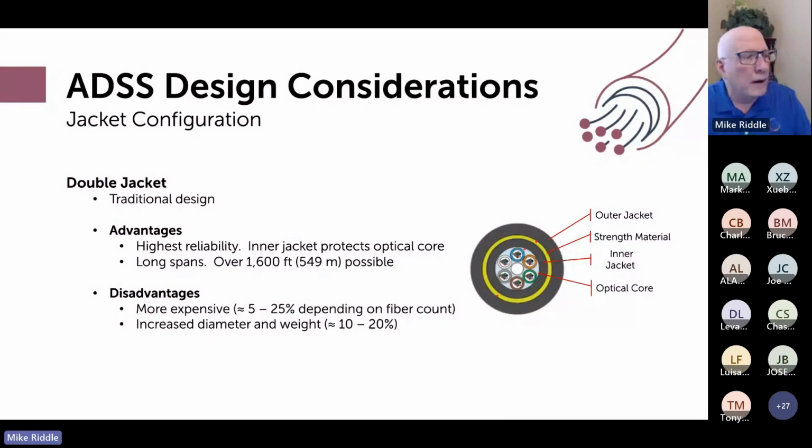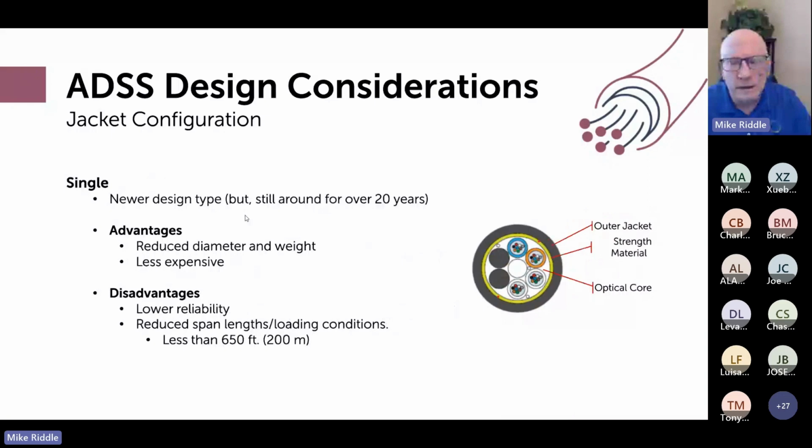In contrast to the double jacket, you have the single jacket where you eliminate the inner jacket. So you take your cable core and you apply your strength material directly over it, and then you put an outer jacket on over that. So advantages: you've reduced the diameter and weight by doing this, and you've reduced the cable cost.